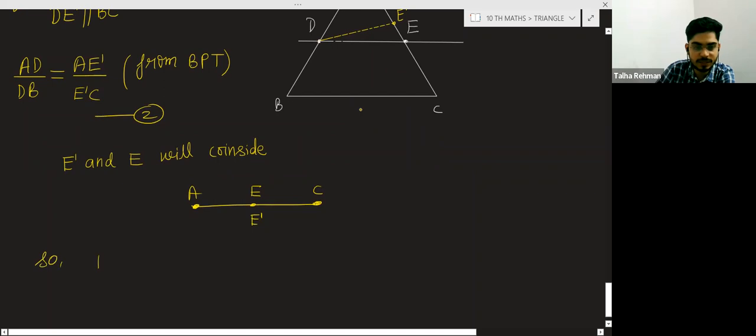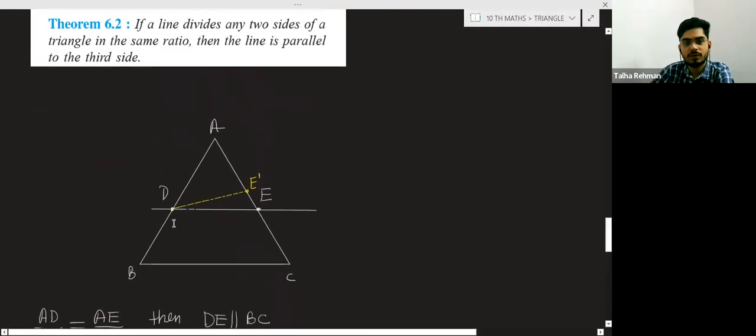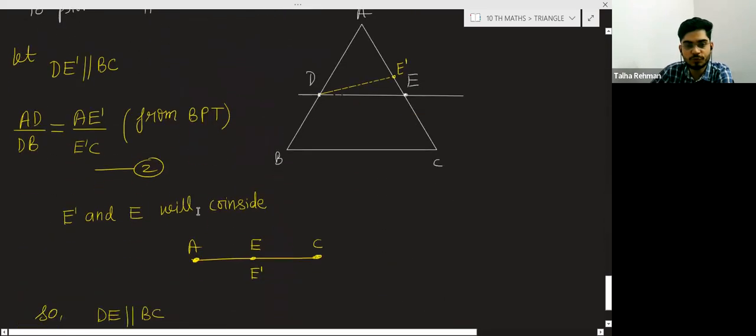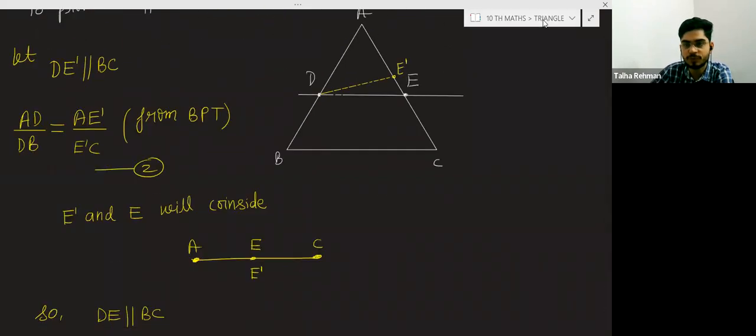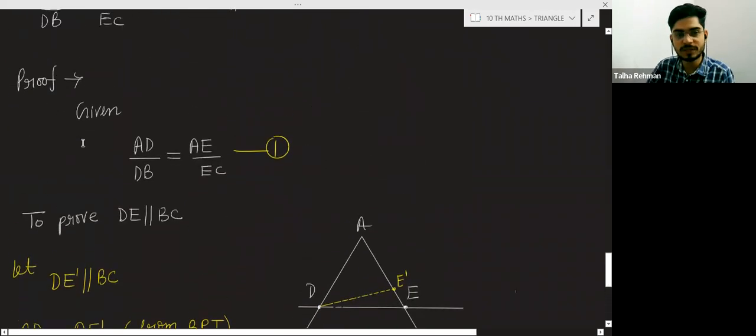So we can say this DE will be parallel to BC. This is the converse of the basic proportionality theorem, the proof of the converse of the basic proportionality theorem. See here, if this E' coincides with E, we know that DE is parallel to BC because of this ratio.